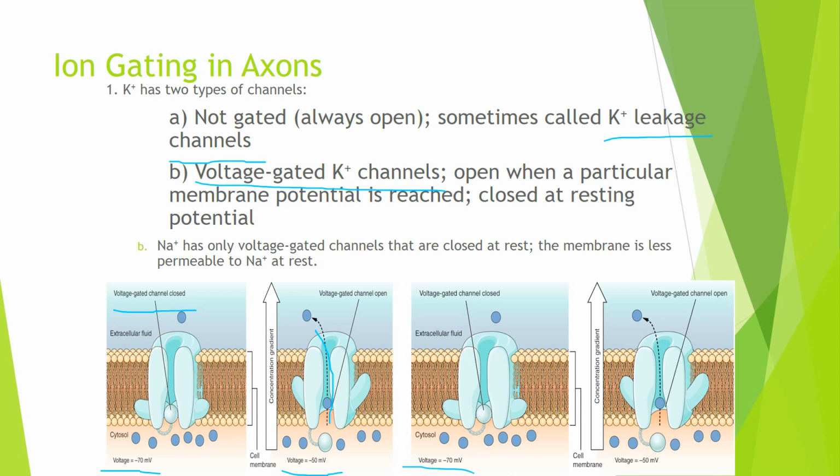Now sodium is a little bit different because it only has voltage-gated channels that are closed at rest, and the membrane is less permeable to sodium at rest than it is to potassium. And a lot of that also has to stem from those leak channels of potassium.